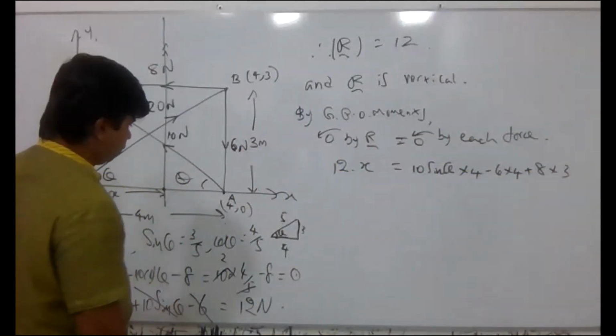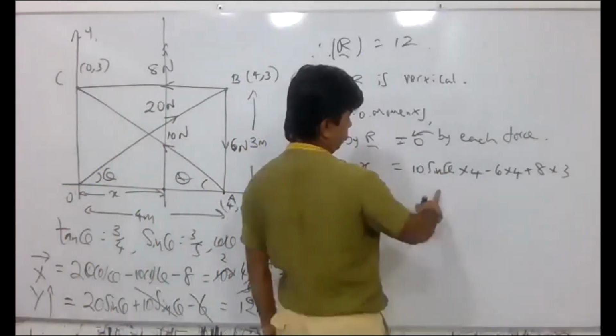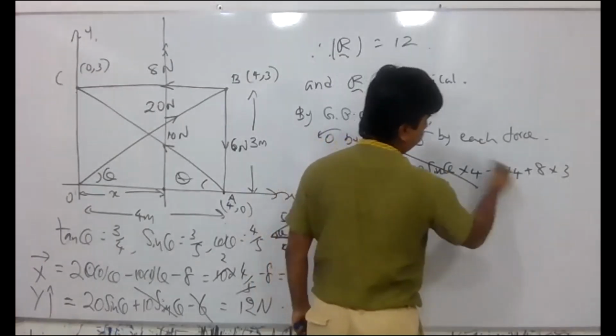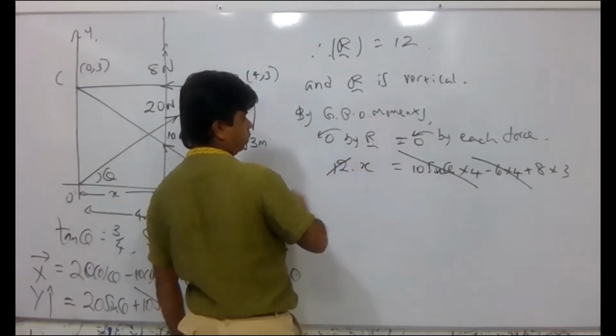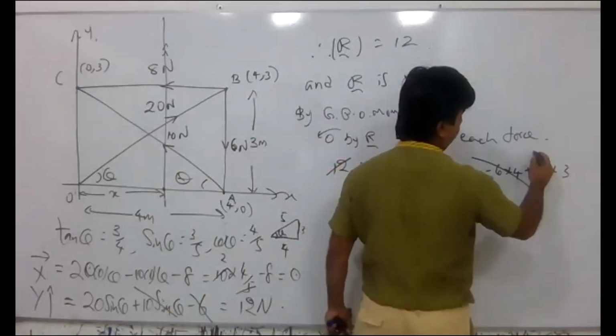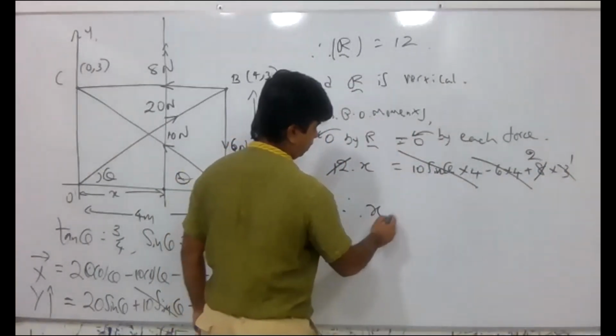Then you can see that this is 3 over 5. Then this and this will cancel. Then in the next step 4 into 3 and 4 into 3 cancel. Therefore, x will be 2.